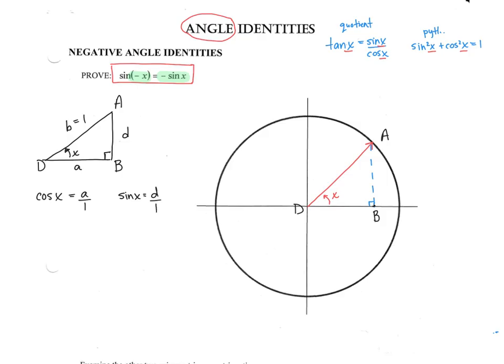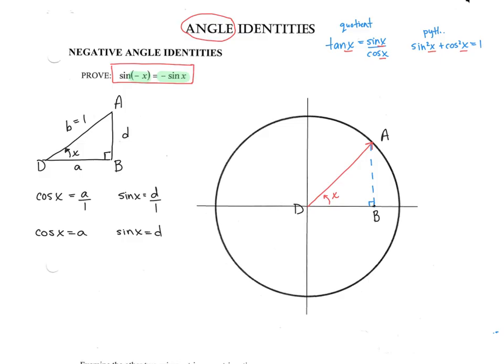So what we've just discovered is our side length A is equal to cos x. Our side length D is equal to sine x. So side A could be represented with cos of x.